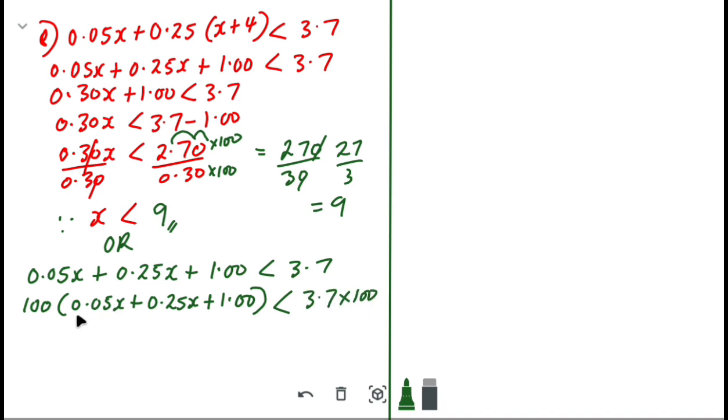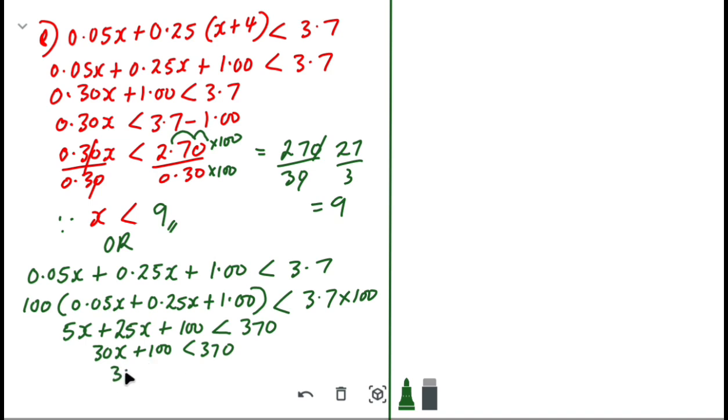So if you open this now, this will be 5x plus 25x plus 100 less than 370. So this will be 30x plus 100 less than 370.